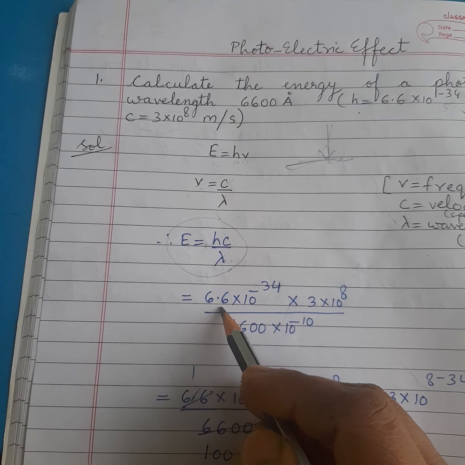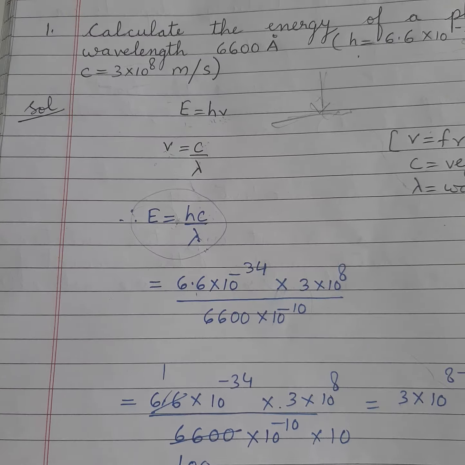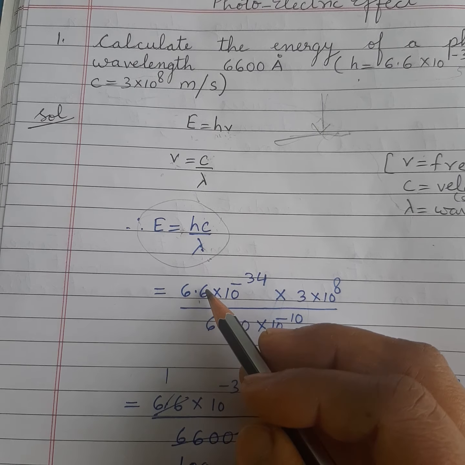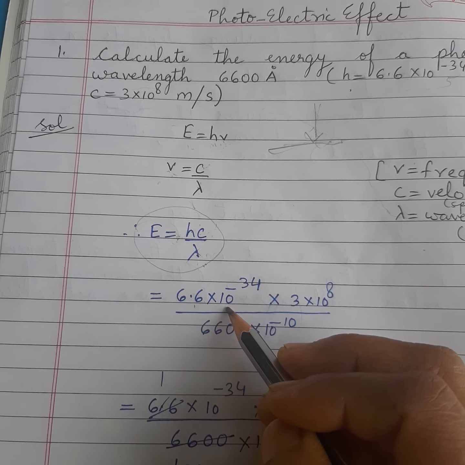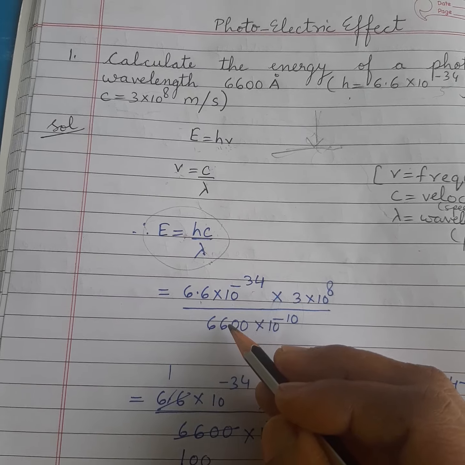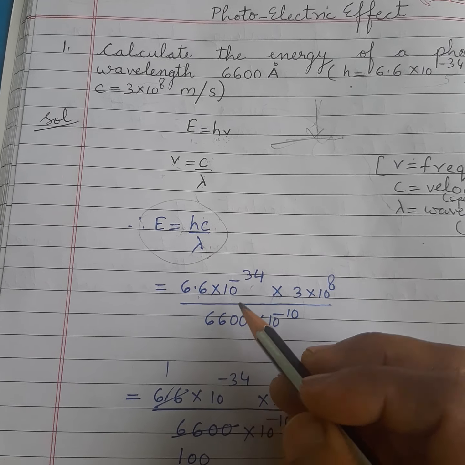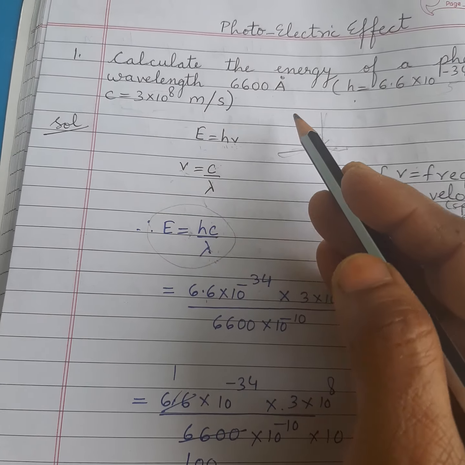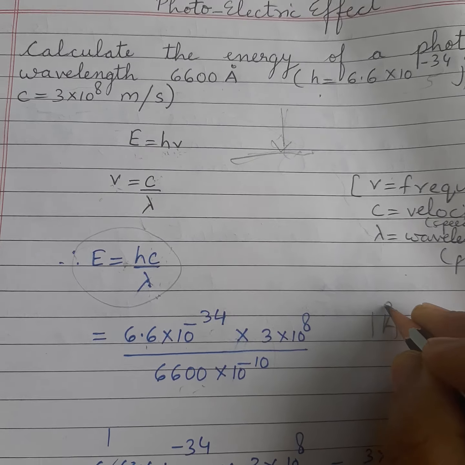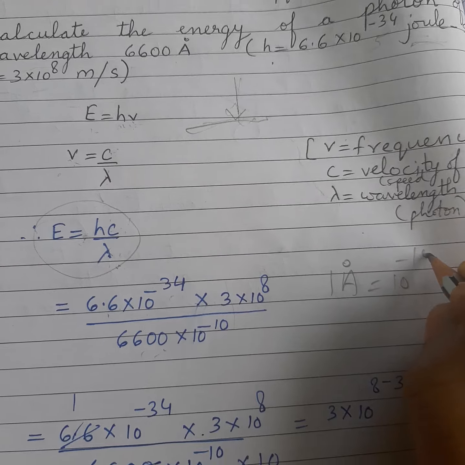So now putting the value of hc and lambda in the above formula, what do we get? E is equal to 6.6 into 10 power minus 34 into 3 into 10 power 8, upon lambda, which is 6600 angstrom. So 1 angstrom is equal to 10 power minus 10 meter.